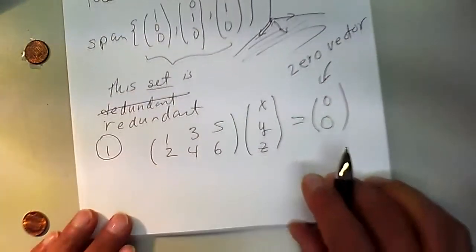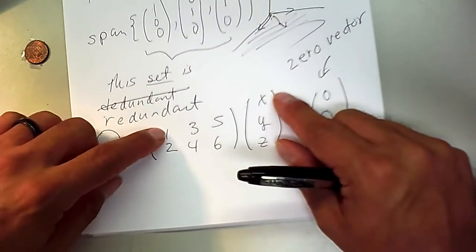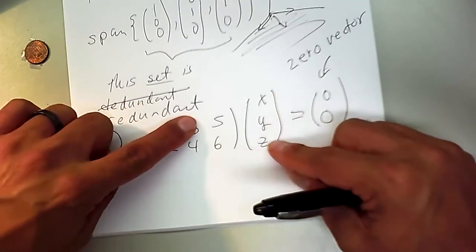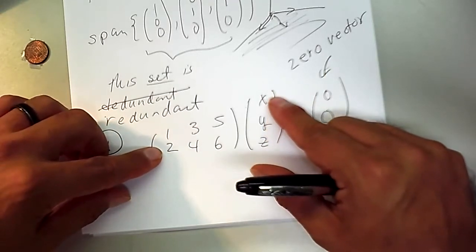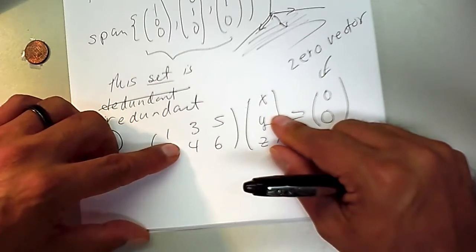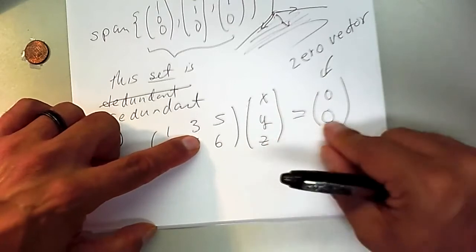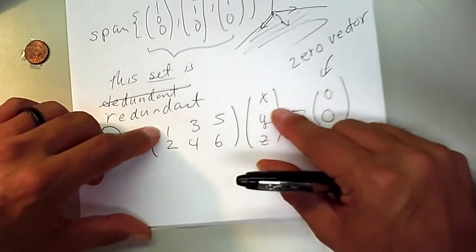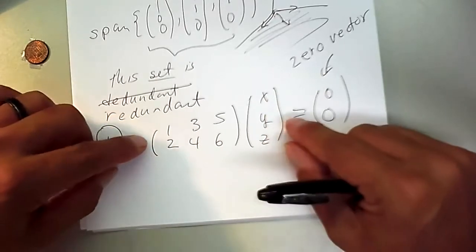Okay. So we have x plus 3y plus 5z equals that, and then 2x plus 4y plus 6z equals 0. So in both cases, we get 0. But describing the solution that way is rather awkward.